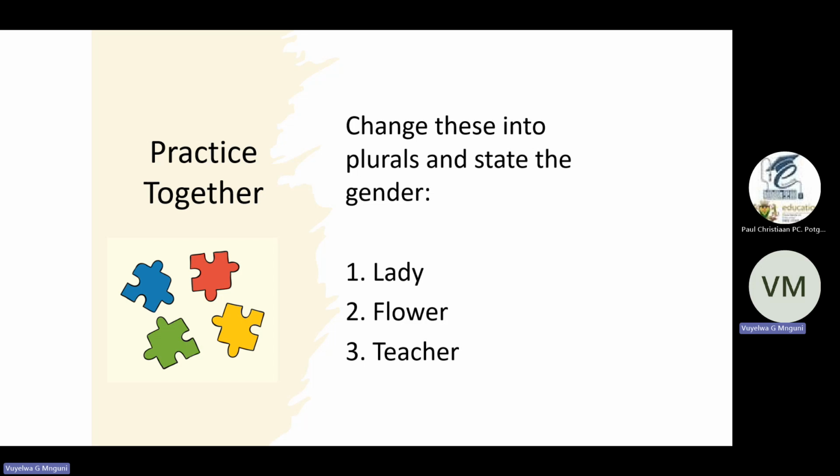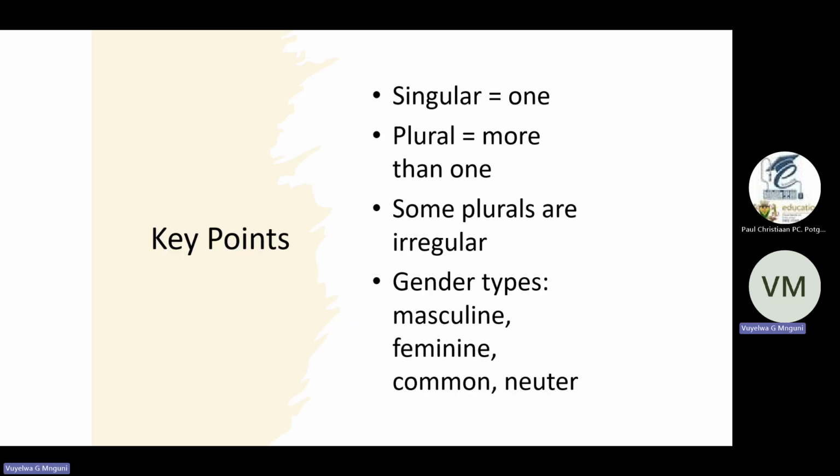I believe that you understand after this. Let us look at the key points now. Remember, as we summarize, singular refers to one, plural refers to more: one boy, many boys, or three boys. Some plurals are irregular.